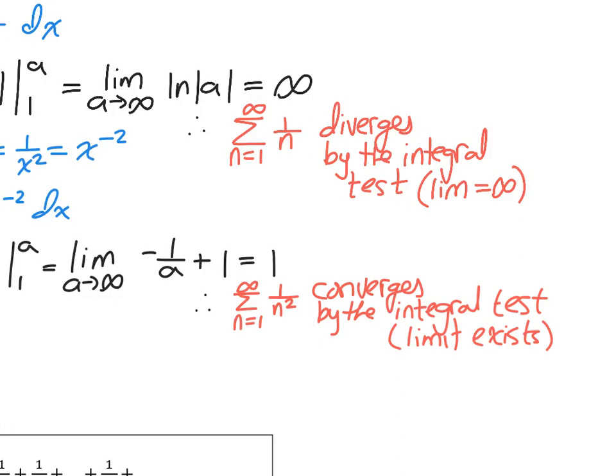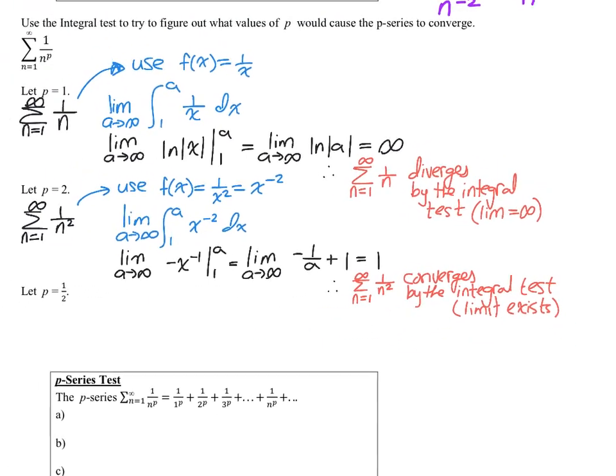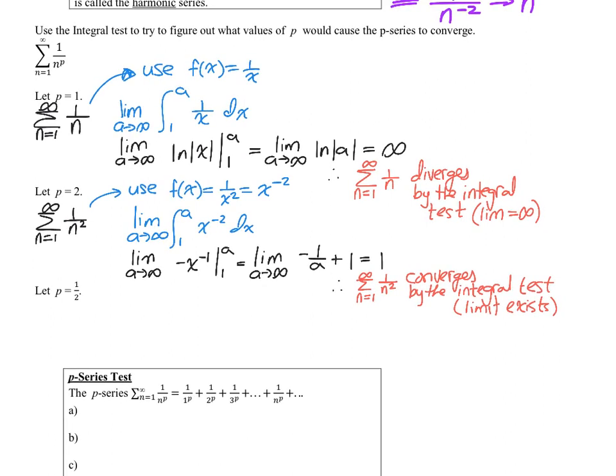So it looks like for values bigger than 1, the p-series will converge. Well, that's a working hypothesis. I mean, I don't really have much to go on. I didn't try p equals 3, p equals 10, p equals 20.